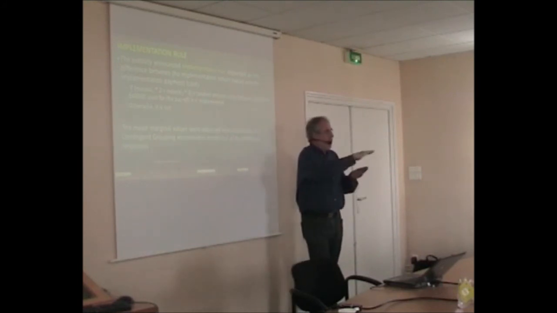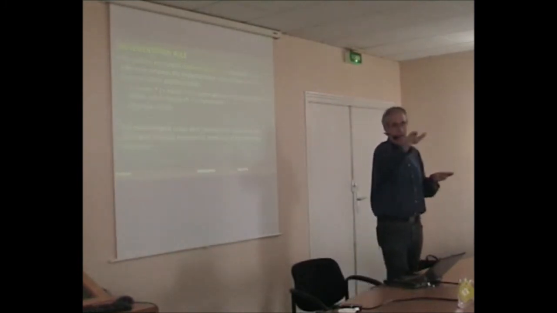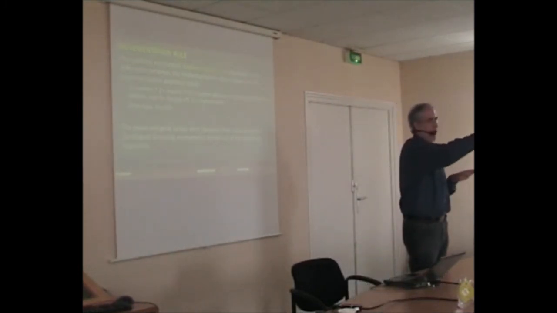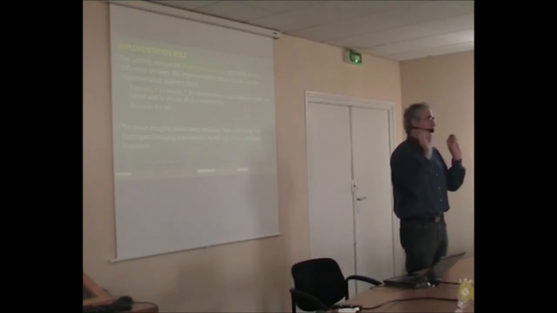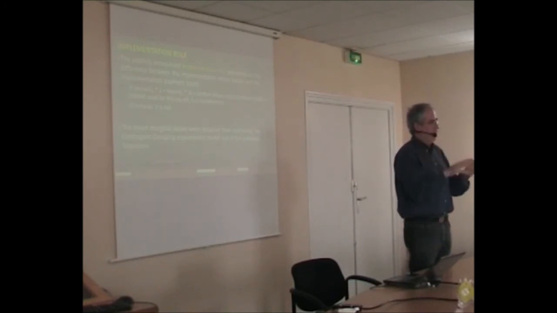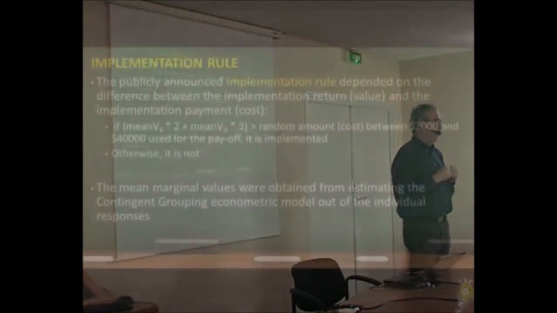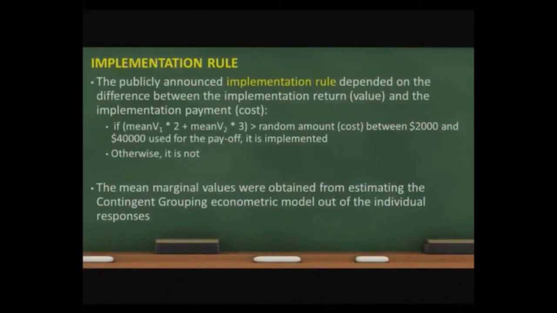So after the third round, after we collect all the answers, we apply contingent grouping. I'll tell you about that later. And then we get the result, the mean of the marginal willingness to pay for each good, 1 and 2, depending on your responses.